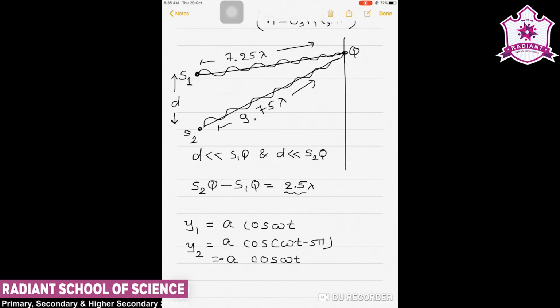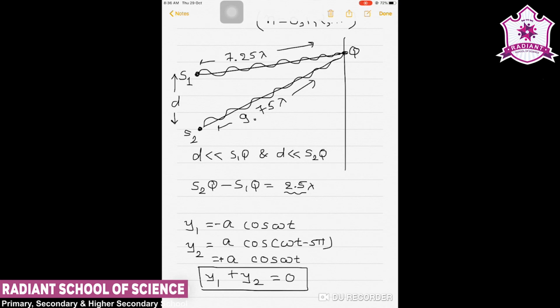If we represent the above equation with a minus, then it is negative to that. So suppose we consider y1 as positive and y2 as negative. Here it gives the condition that y1 plus y2 is 0, so the resultant we obtain is 0.